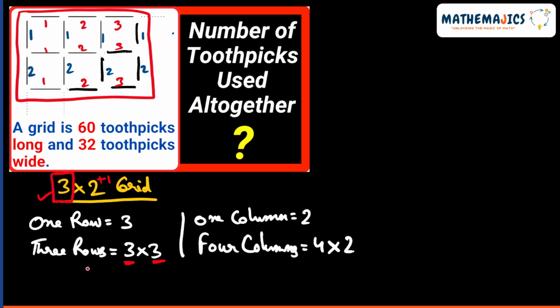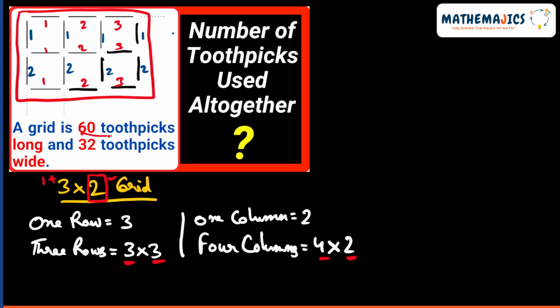Now look at the column thing. Whenever we had a 2 toothpick wide grid, the number of vertical toothpicks will be 2 times 4. That means this 2 multiplied by 3 plus 1. Yes or no? Yes.